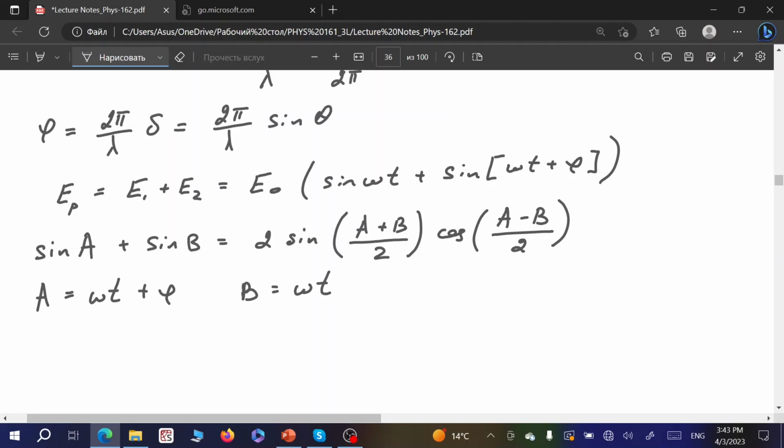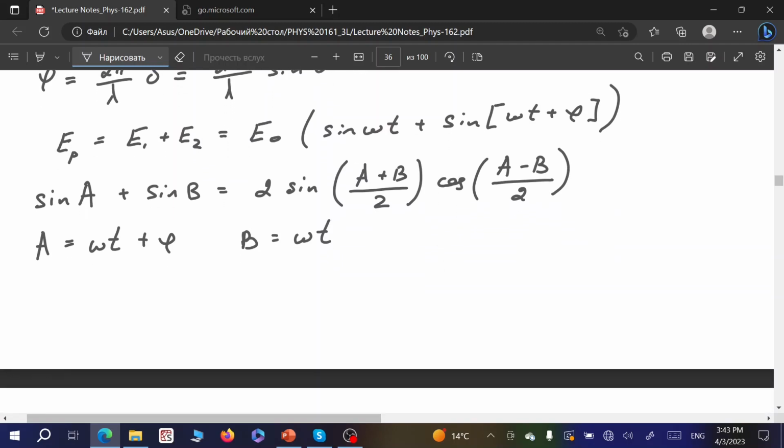So when we do these substitutions, we can actually get the distribution of electric field at this point, of the superposition of two waves, as 2 E naught times cosinus phi over 2 times sinus omega t plus phi.